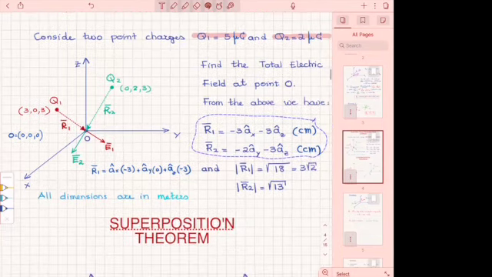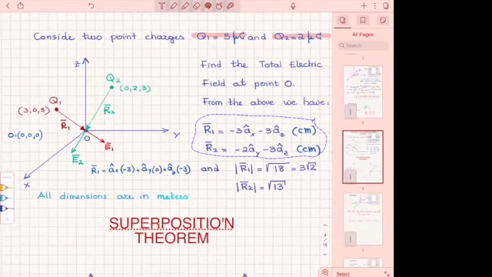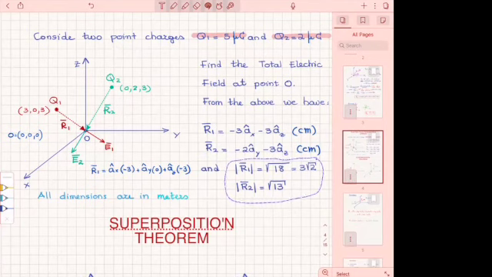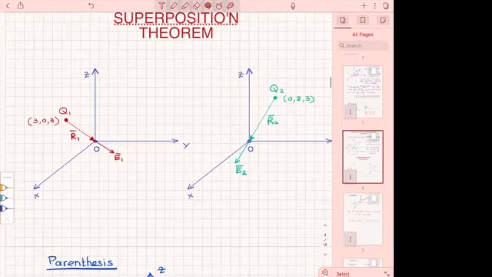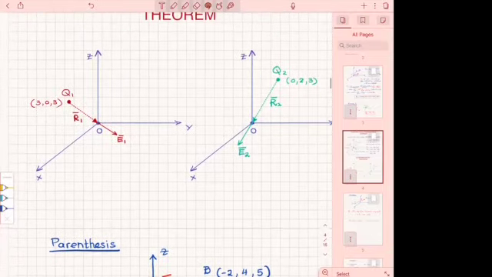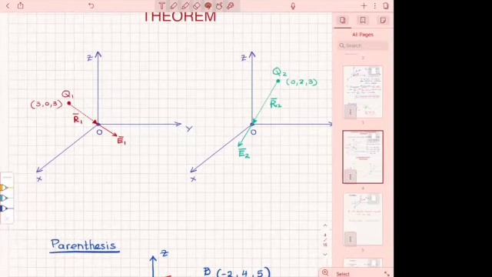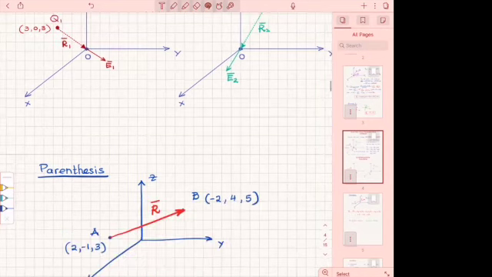Now, since I have the two vectors R1 and R2, I also have their magnitudes. So what I do is calculate the field at 0 from Q1, E1, and the field at 0 from Q2, E2, and then sum them up as two vectors.